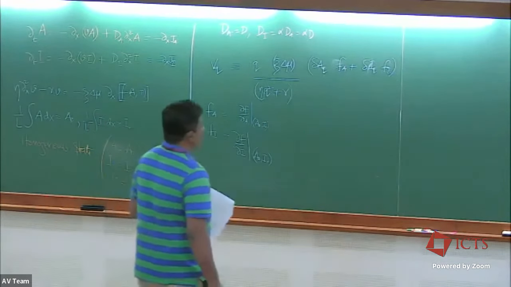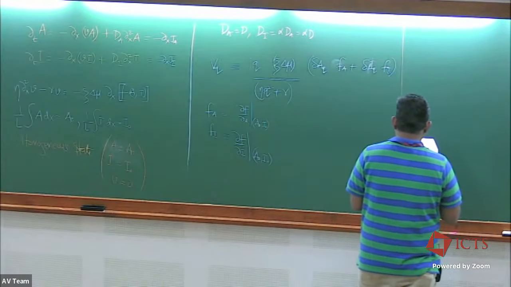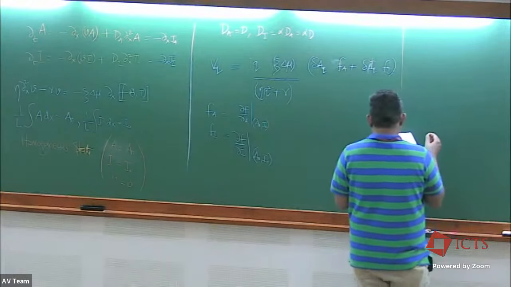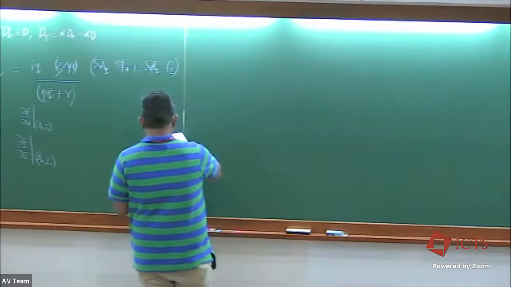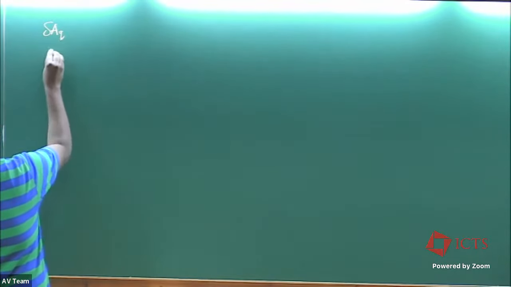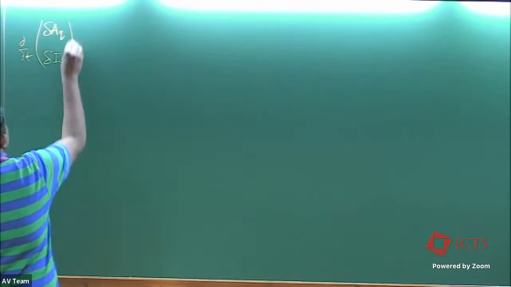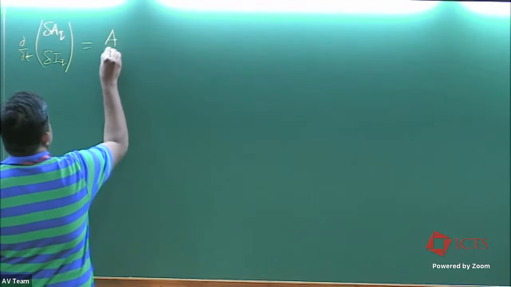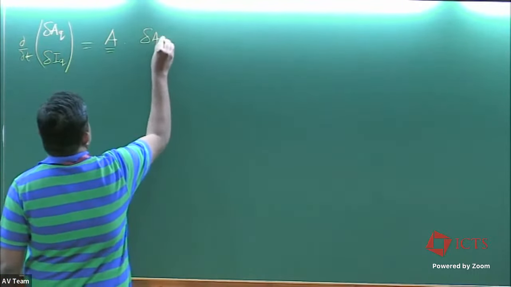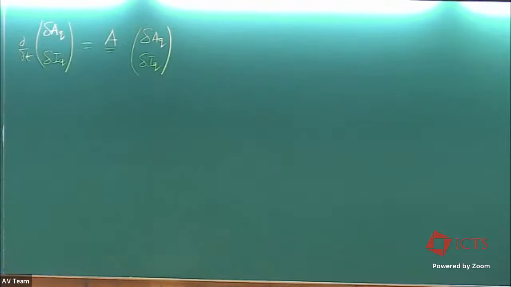Once you do that, surely you can also do it for the concentration fields. And this time for the concentration fields, you'll get a coupling matrix. So you'll be able to write down the time derivative of delta A_q, delta I_q as some matrix A times delta A_q, delta I_q, where the linear stability matrix is what you need to get.